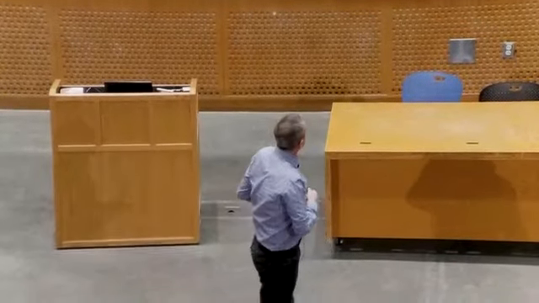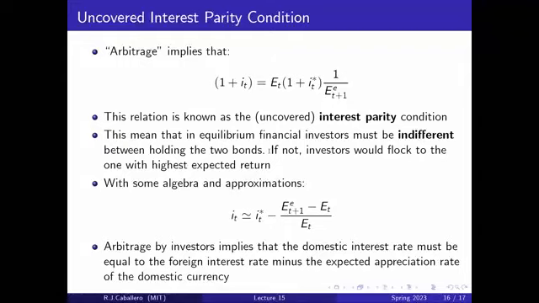I'm going to take the extreme assumption that they're exactly the same here, so that in equilibrium these two things are going to be equal. That's called, and it's a very important concept in international finance, the uncovered interest parity condition. Don't ask me why it's uncovered, but it's the interest parity condition.